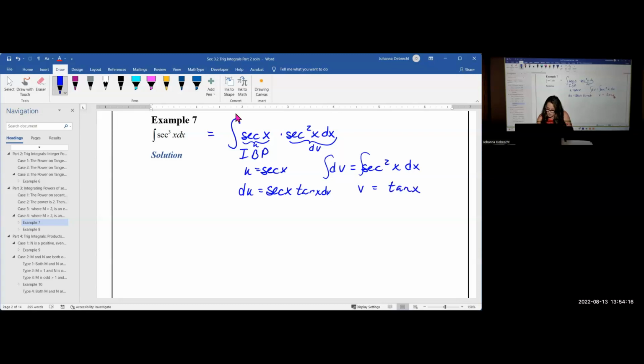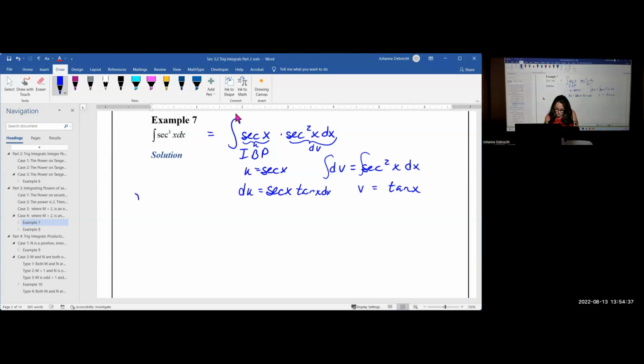Remember that normally that would give me a plus c, but we're choosing the specific antiderivative where c is 0. And then our pattern is upper left times lower right minus the integral of the product of the bottom row.